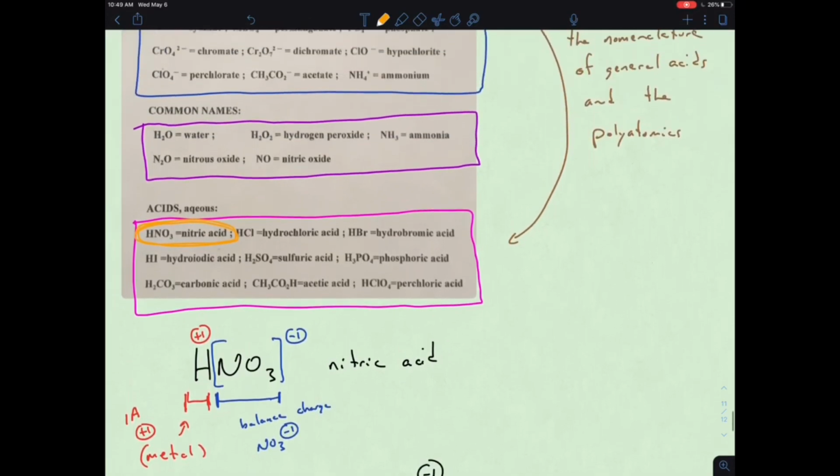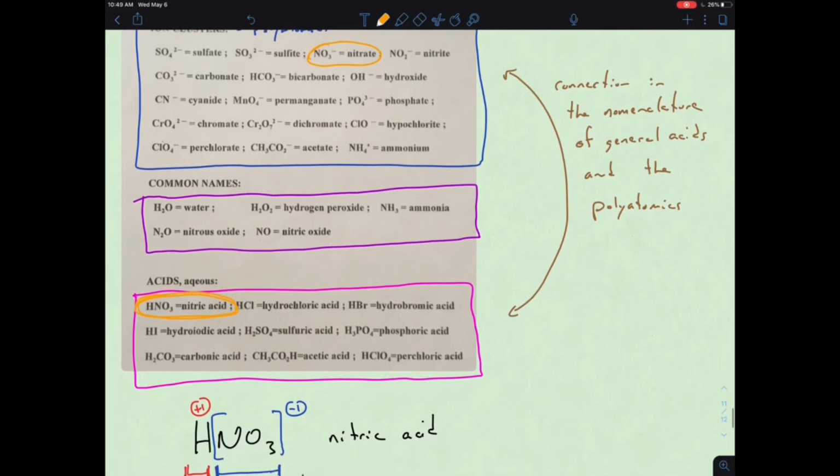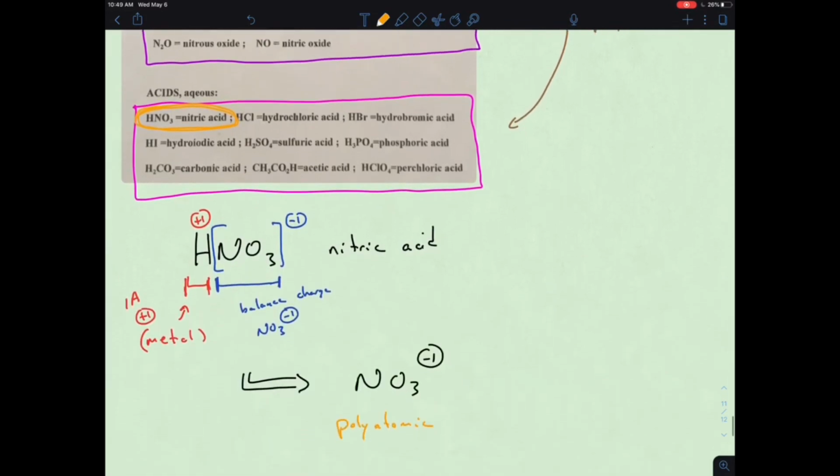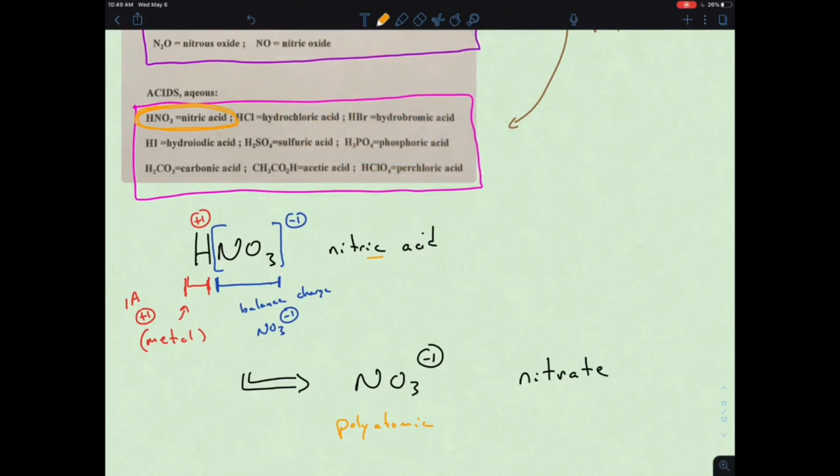And if I scroll back up a little bit, I apologize, we find that we have NO3 -1 right there. And all I need is a suffix change to nitrate. So I start with the nitric acid, and then I end up with nitrate, simply by removing that proton, that hydrogen that's +1 charge.